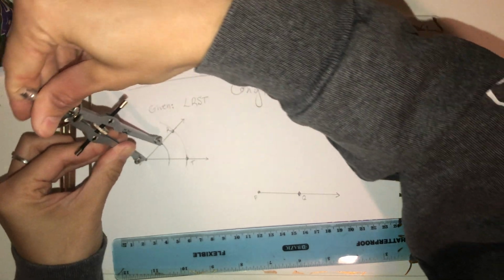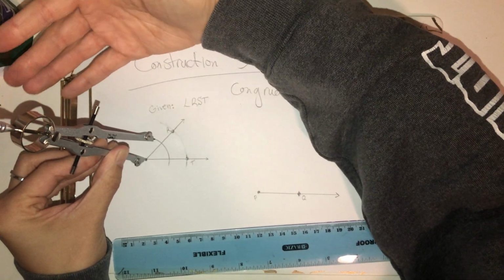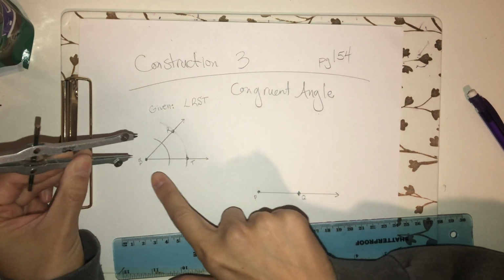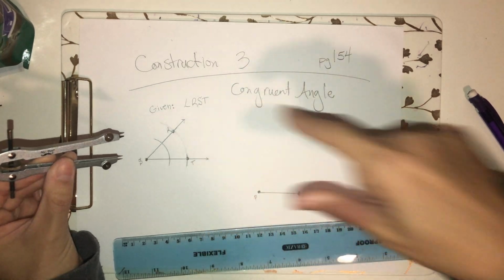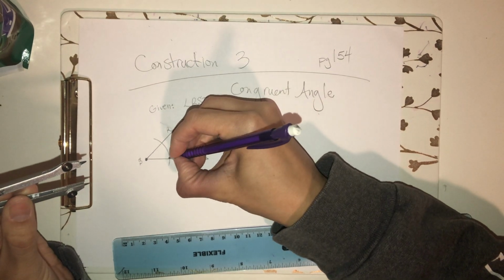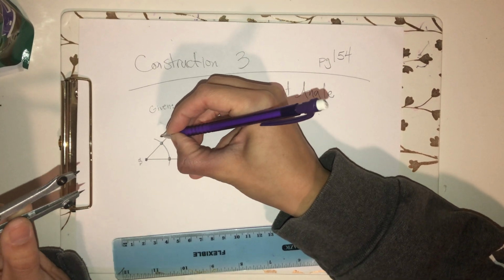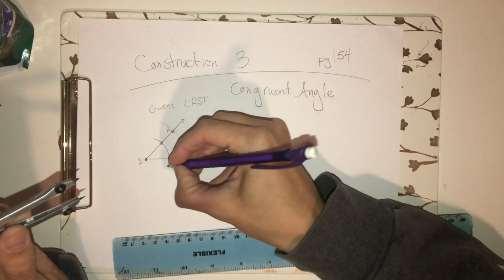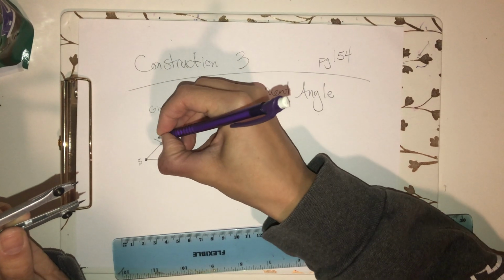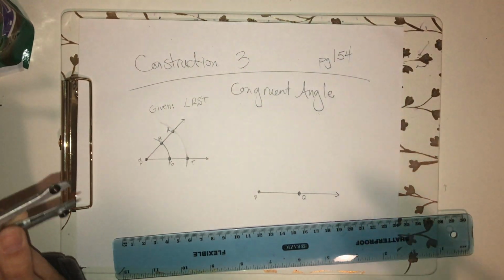So go ahead and swing your compass around in such a way that you intersect with both rays ST and SR, creating new points here and here that will be labeled G and H, respectively.